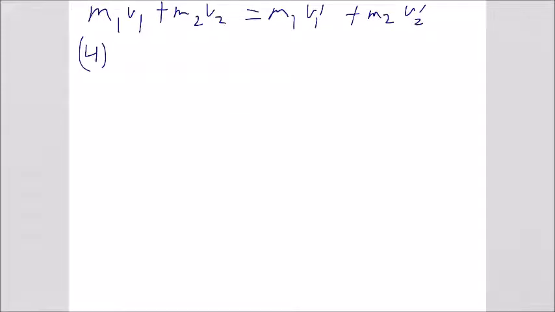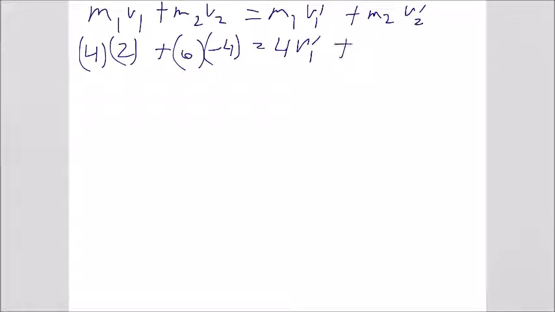The initial velocity of that first object was 2 meters per second, plus the second object has a mass of 6 kilograms, and it was moving at negative 4 meters per second. That's equal to the momentum after the collision. Well, the first object again had a mass of 4, and we don't know that final velocity.